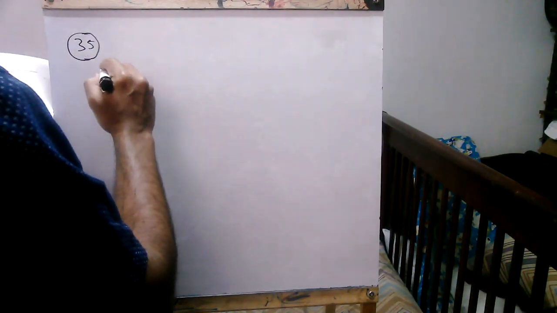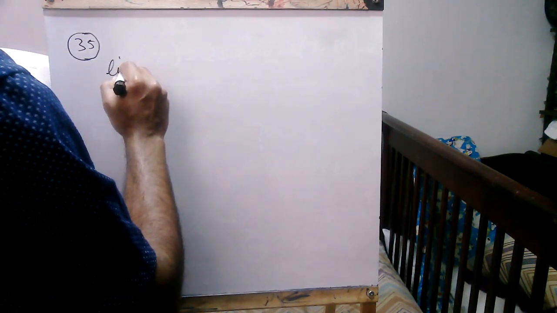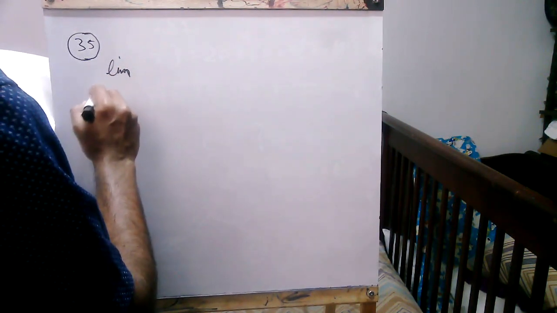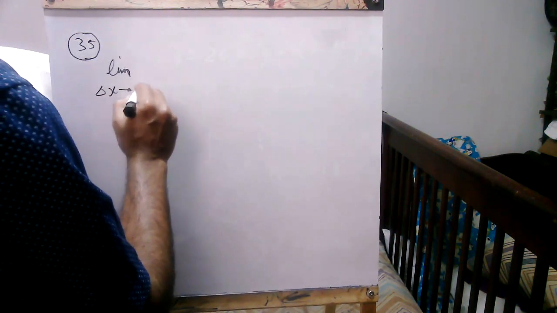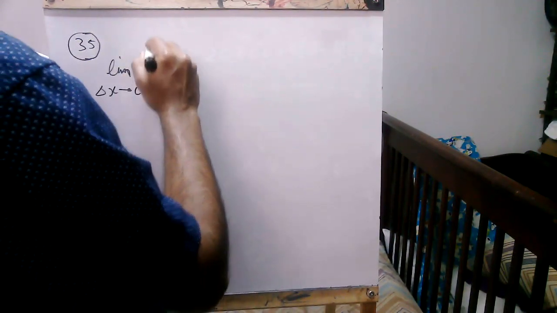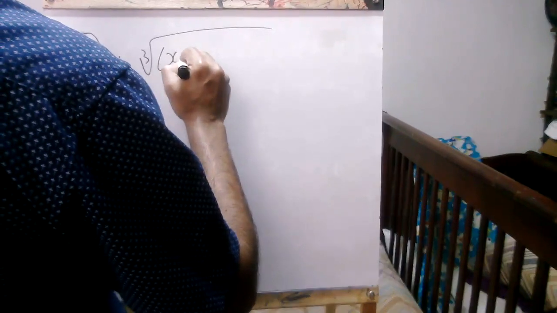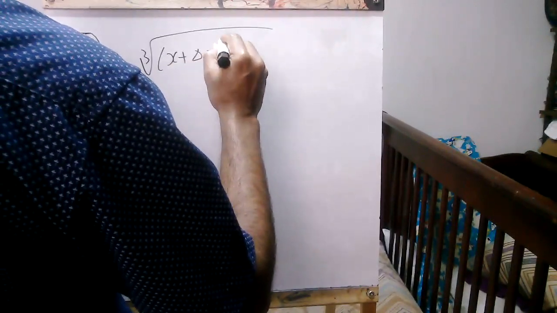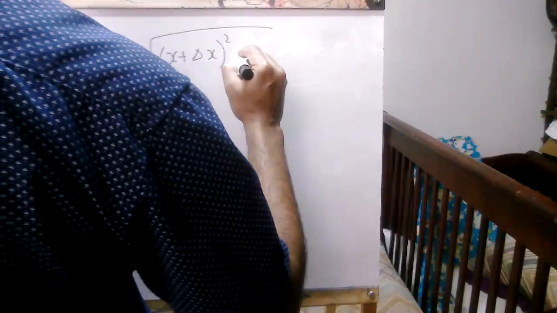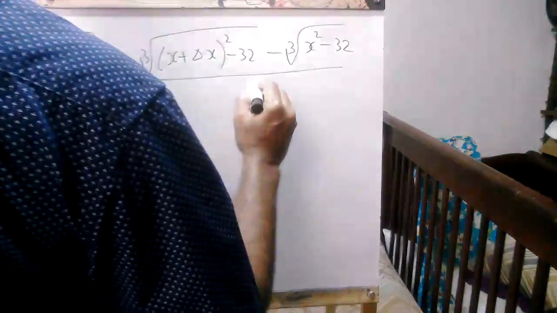Evaluate the limit as delta x approaches 0 of the third root of (x plus delta x) squared minus 32, minus the third root of x squared minus 32, divided by delta x.